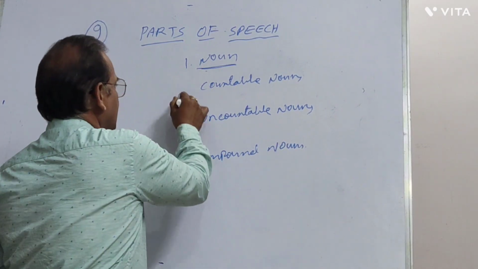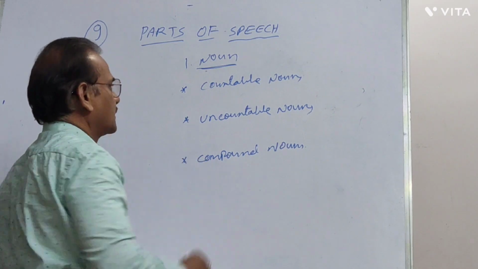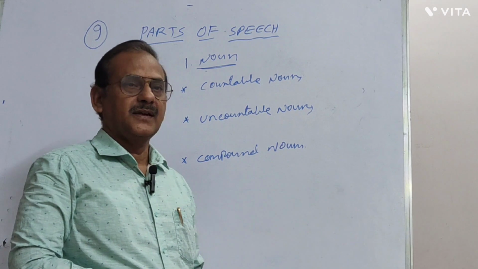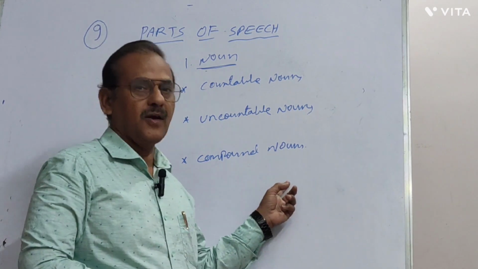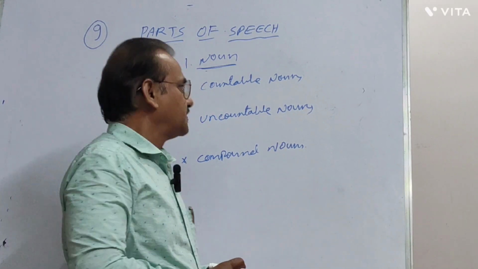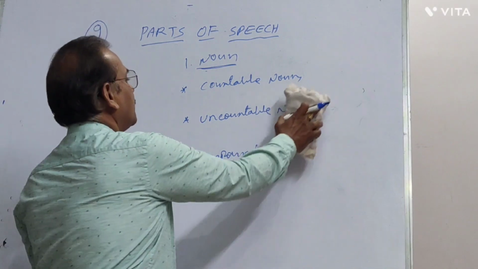These are the 3 types of nouns: countable nouns, uncountable nouns, and compound nouns. Let us see one by one. Countable noun. What is called a countable noun?